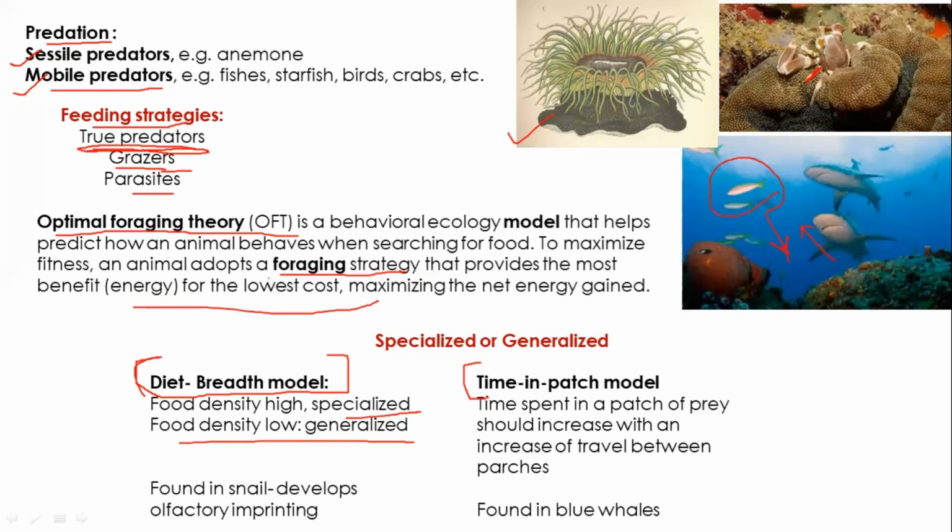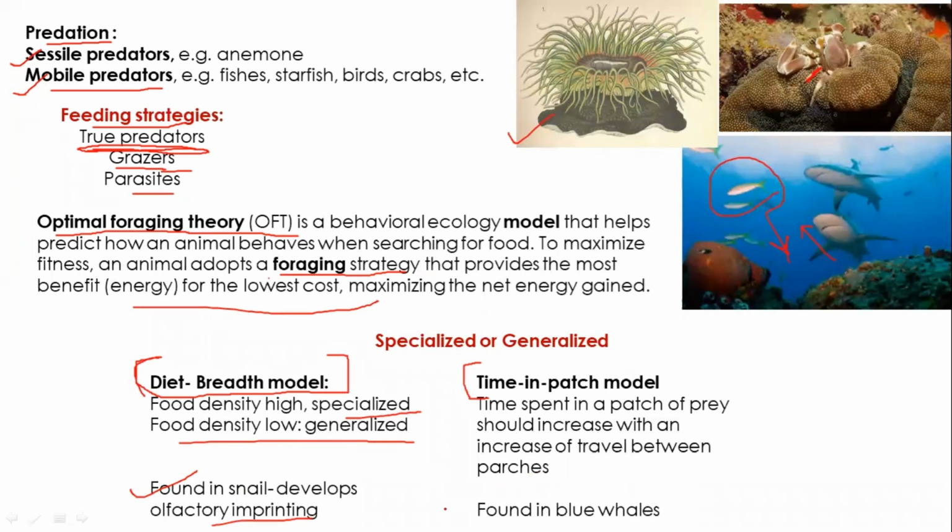So based on all those things, these are some of the basics of how the prey-predator mechanism works in the marine environment, right? An example that follows the diet breadth model is snails, which develop olfactory imprinting for the clams.